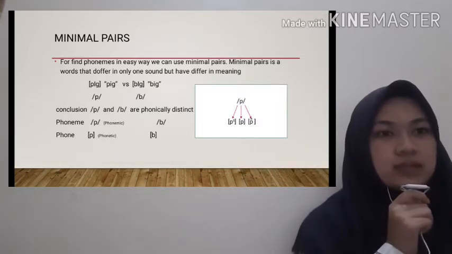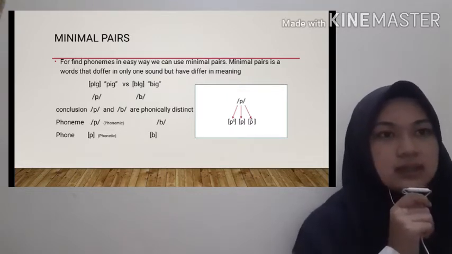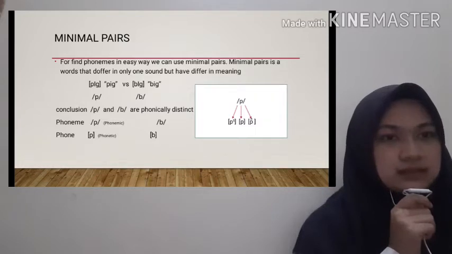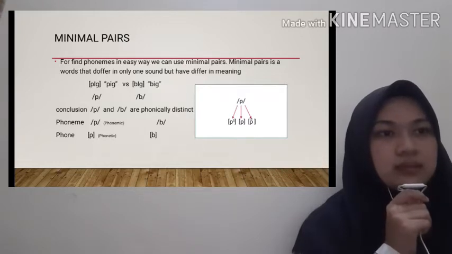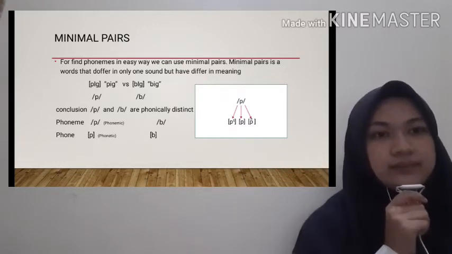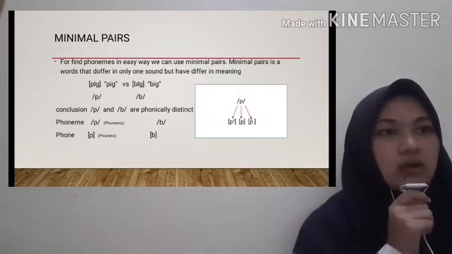If the words are a minimal pair, it means they have different phonemes. The conclusion is that P and B in the words pig and big are phonemically distinct. P and B as phonemes is phonemic, and P and B as phones is phonetic. Phonemes are that unit of sound in our mind, like an abstract sound.